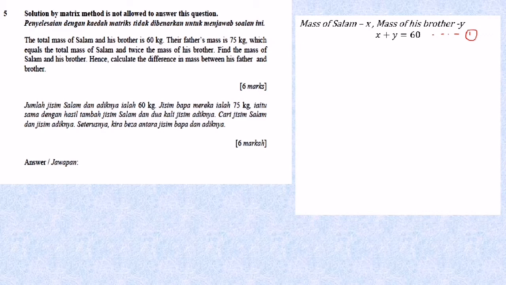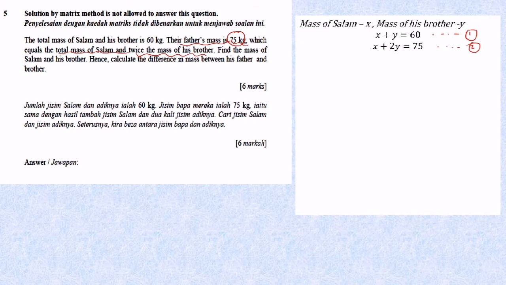Second equation: father's mass is 75 kg, which equals the total mass of Salam and twice the mass of the brother. So S plus 2Y equals 75. This is the second equation.